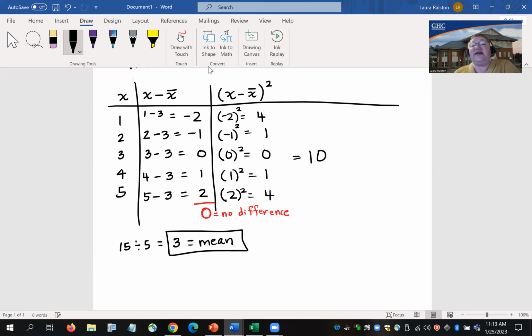And then I divide, and the rule's a little wonky. You divide by the number you have minus 1. So I'm only going to divide by 4. When I divide 10 by 4, I believe I get 2.5. Let me see. It is 2.5, but this would be 2.5 units squared. Again, if I were talking about money, we would say $2.5 squared. If we were talking about ages, we'd have to say years squared.